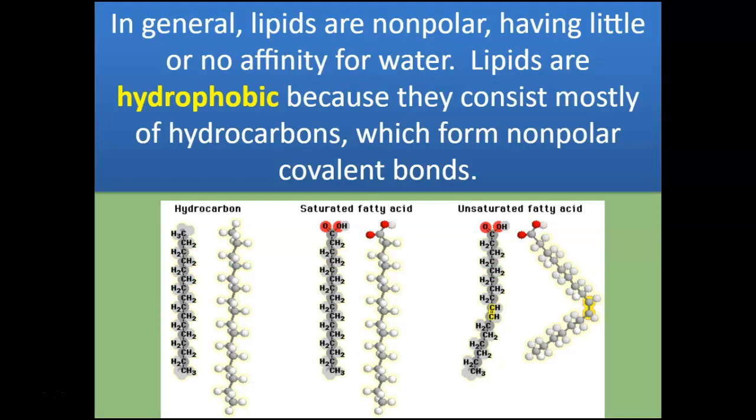The chemistry of lipids is nonpolar. This is hugely important because this nonpolarity leads to a hydrophobic interaction with water.